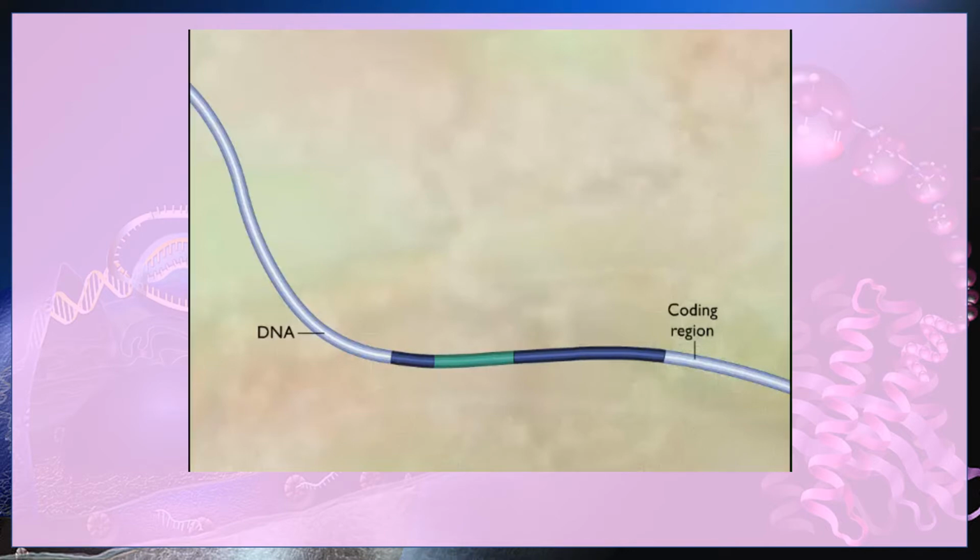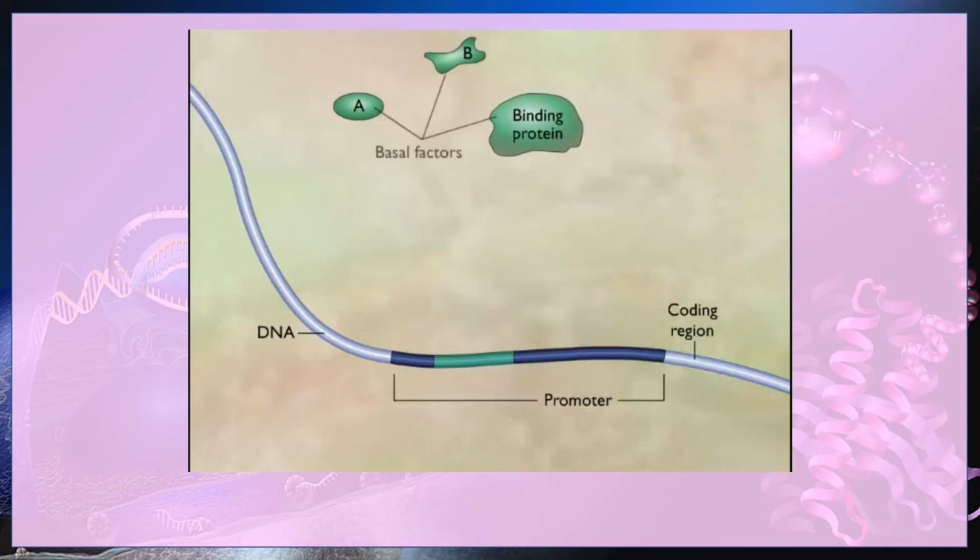For RNA polymerase to successfully bind to a eukaryotic promoter and initiate transcription, a set of proteins called transcription factors must first assemble on the promoter. The assembly process begins upstream from the transcription start site, where proteins called basal factors bind to a short sequence in the promoter.